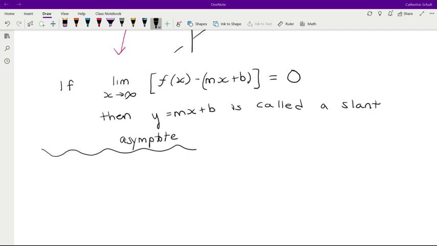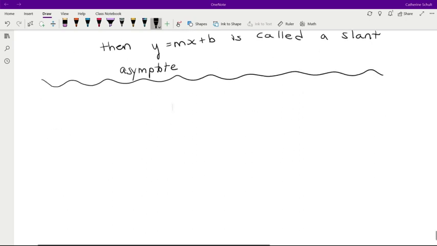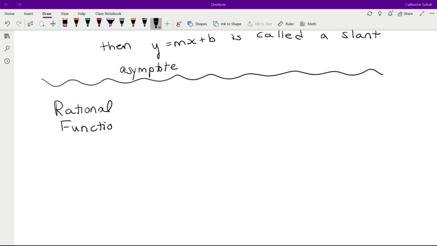Okay, so we're going to look at a rational function. And for rational functions, we have seen in pre-calculus that if the degree of the numerator is 1 bigger than the degree of the denominator, then we have a slant asymptote.